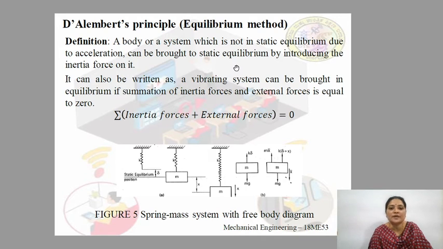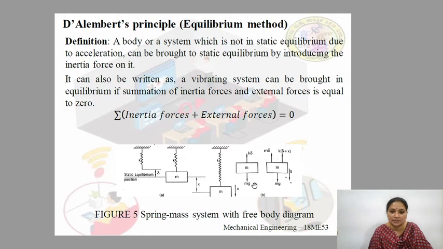Now, the free body diagram of this system is shown in figure B. Here, the mass m is represented with two forces, one acting in the downward direction, the other in the upward direction. Since the weight of the mass acts downward, mg is shown in the downward direction.